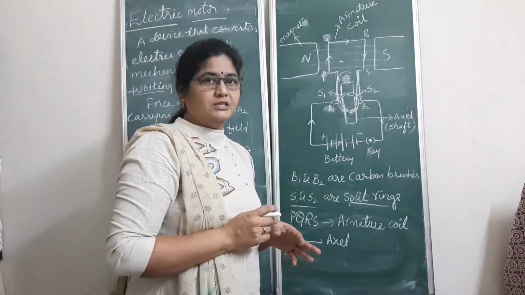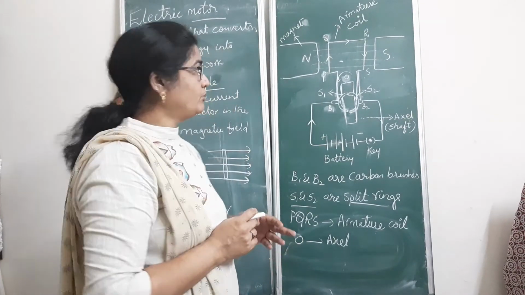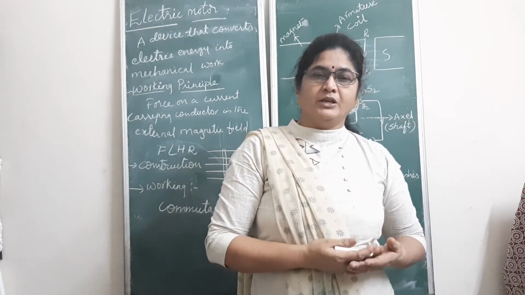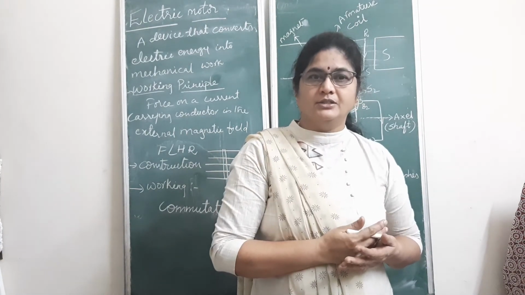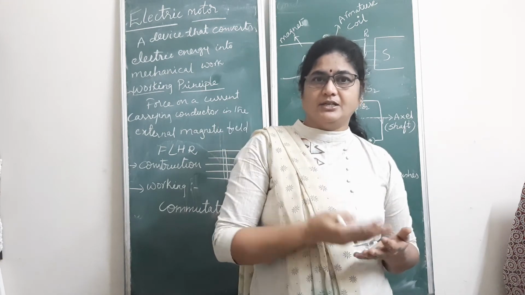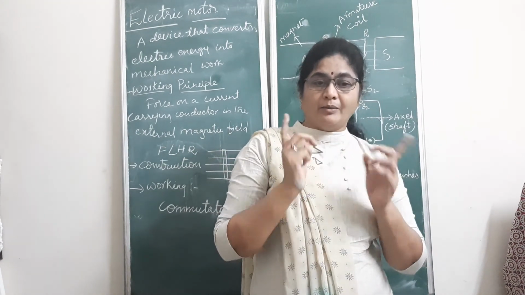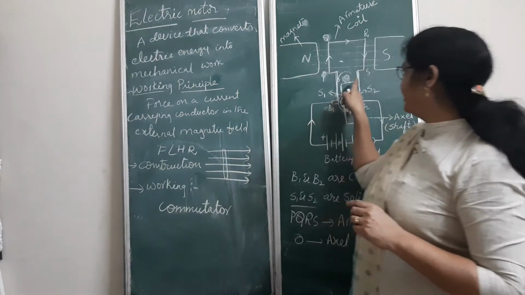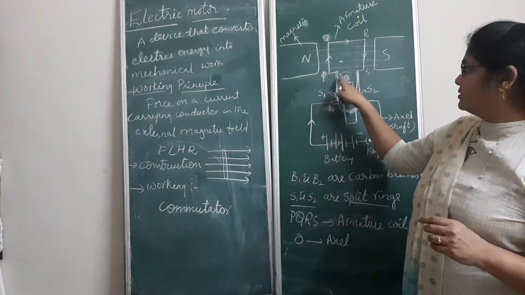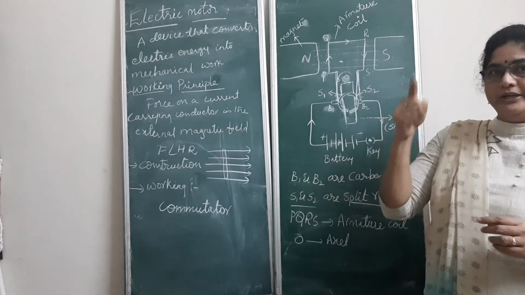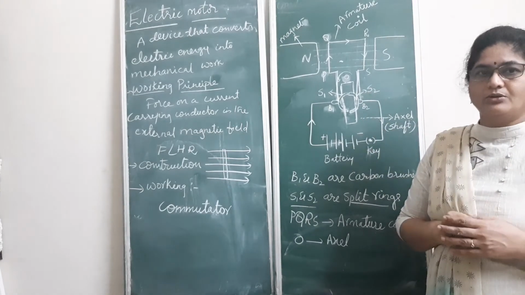Clear, children? This is about the working of an electric motor, which is very useful in lifting water from ground level to the overhead tank, or, as I said, it is used in washing machines. The drum of the washing machine is attached to the axle, so whenever this axle is rotating, the drum rotates and it will wash the clothes.